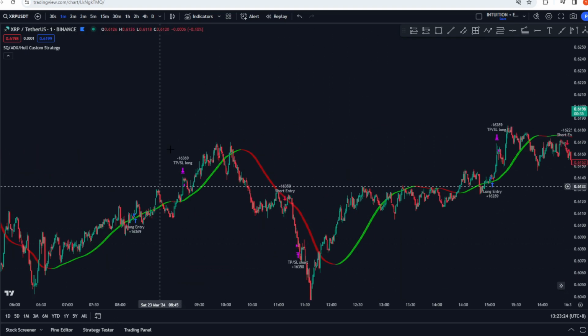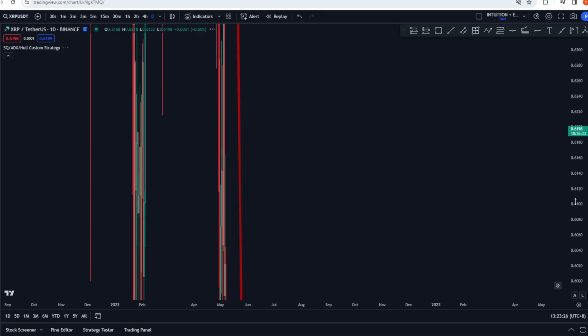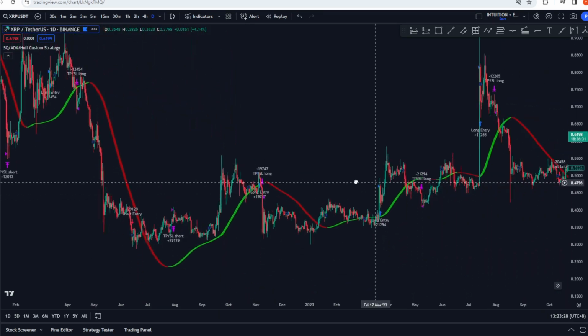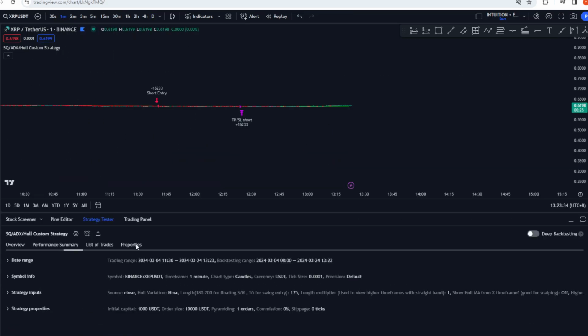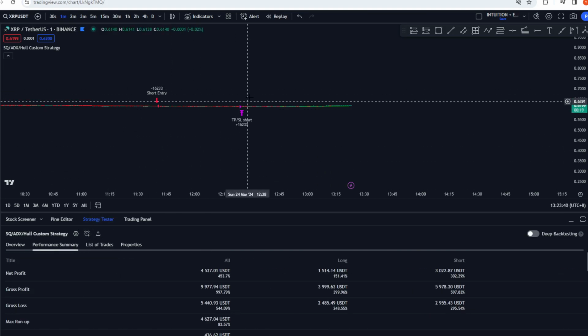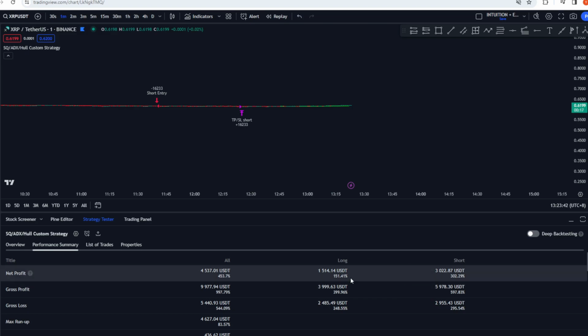But if you really notice, if you look at the daily chart as well, from the data range that we have been trading, which is previously we were trading on the 4th of March to the 24th of March, and if we look at the performance summary, you can see that the net profit for shorts are double the long.